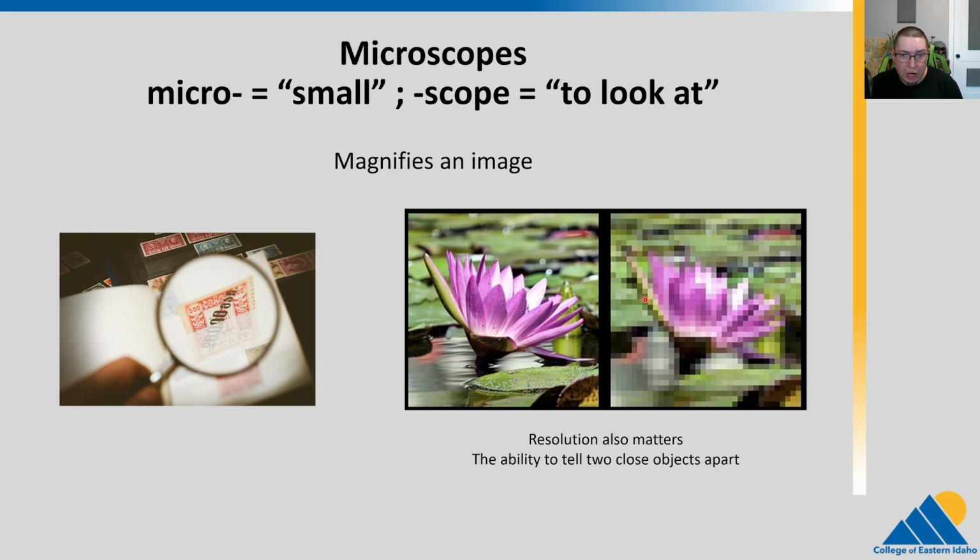Lower resolution image, I can't really tell how many petals are in here, right? It's just kind of a purple blob, so I can't distinguish, let's say, this one from that one, because the resolution is too low.